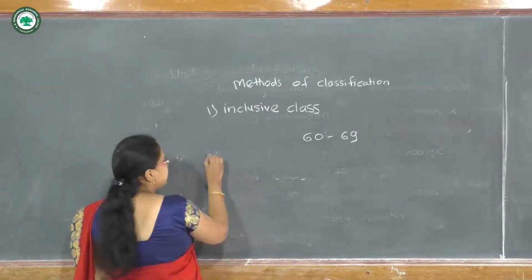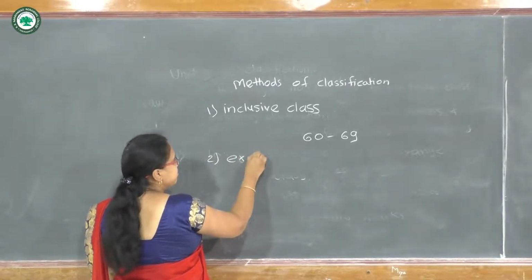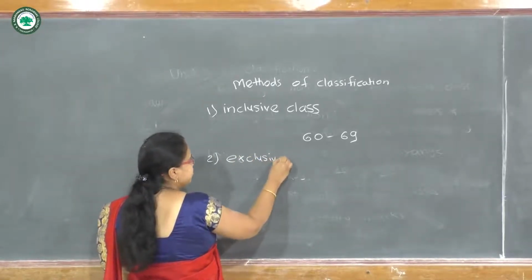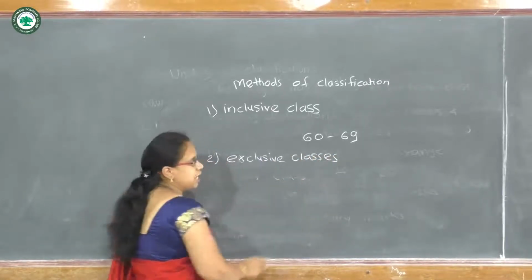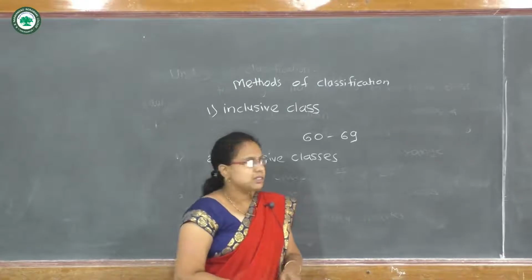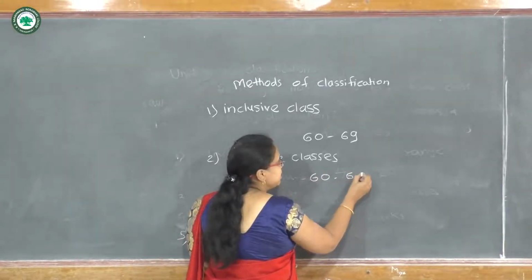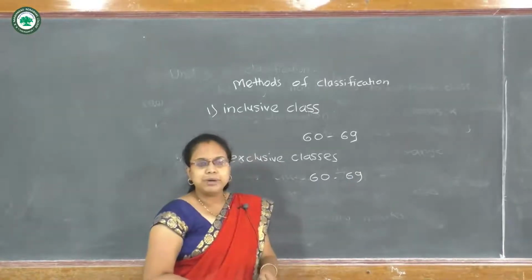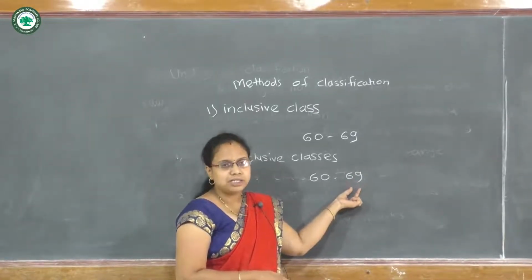The next type is exclusive classes. Exclusive classes means, suppose this is a class 60 to 69, then the upper limit is not included in the same class.